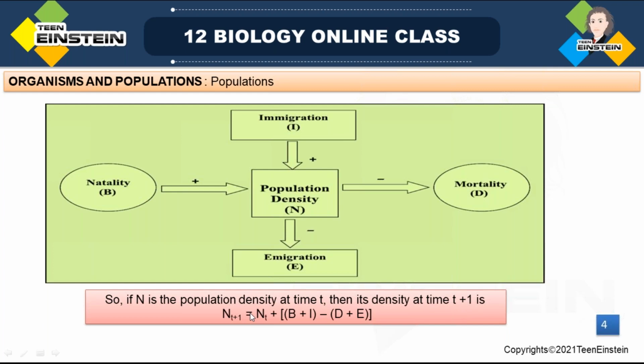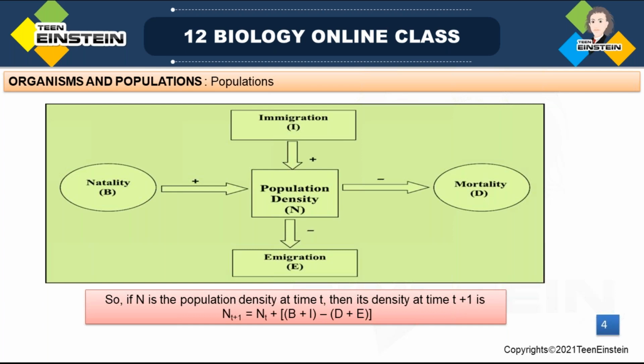How can we calculate population density at time T? Suppose this is time T, and in this time the population density is, just imagine, 10. Ten individuals are there.